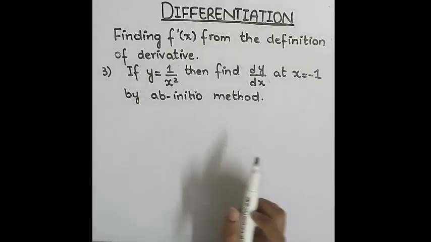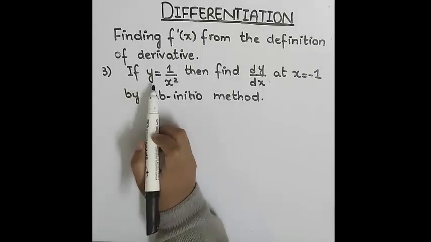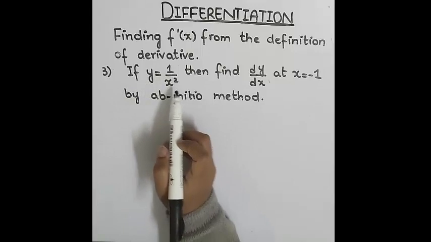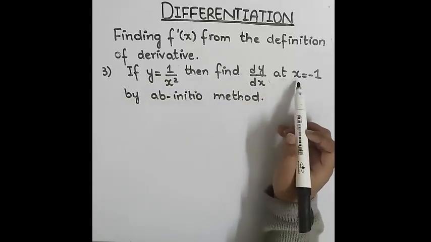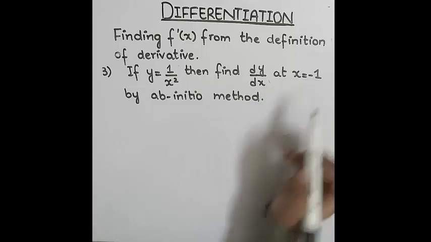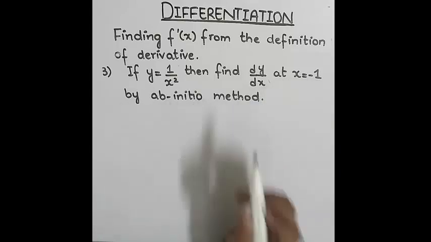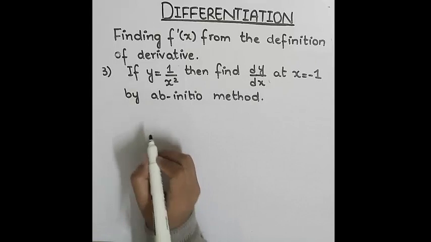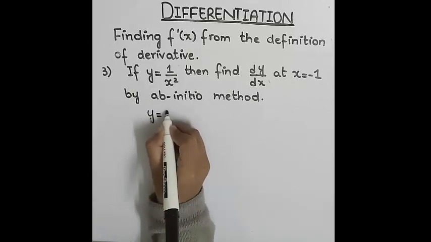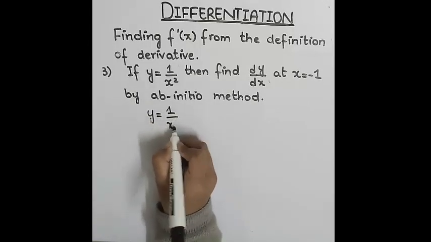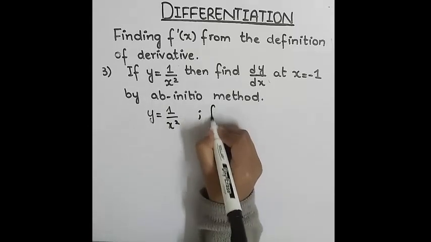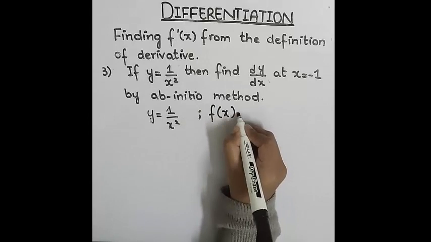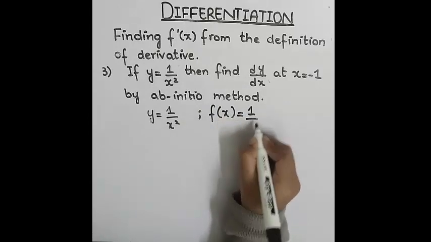So another example we have is, if y is equal to 1 over x square, then find dy over dx at x is equal to minus 1 by ab initio method. So y is equal to 1 over x square, and we know y is equal to f of x. So we can write f of x is equal to 1 over x square.